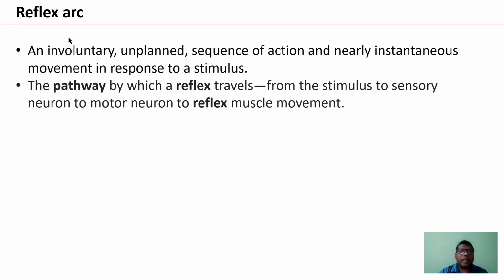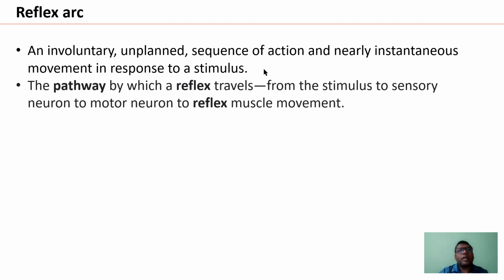A reflex arc is an involuntary, unplanned sequence of action and nearly instantaneous movement in response to a stimulus. For example, suppose while walking, you put your foot upon a very sharp object, a nail, and suddenly you retract your leg from that sharp object.